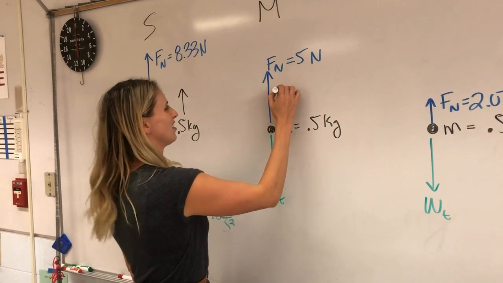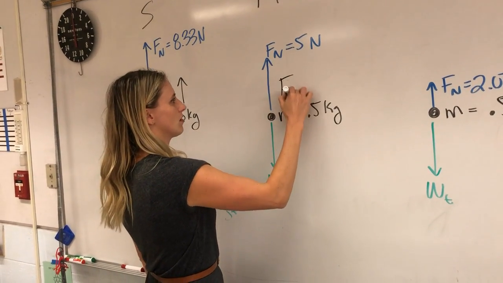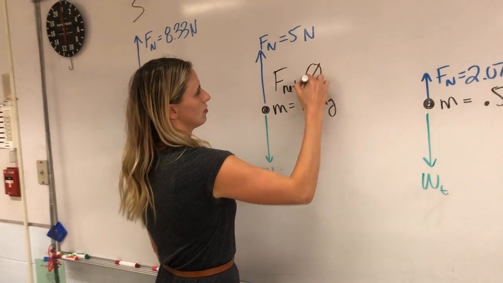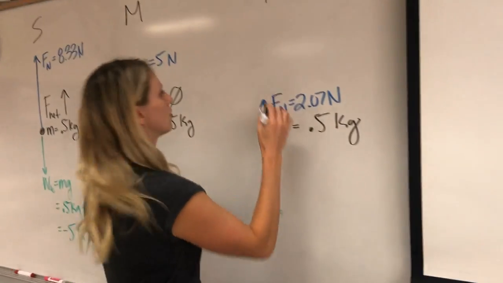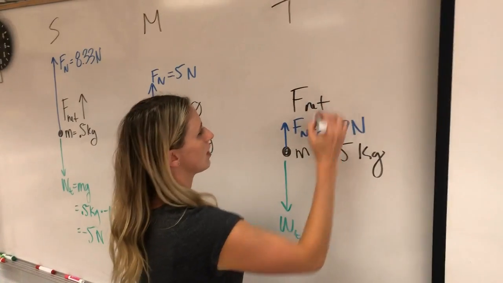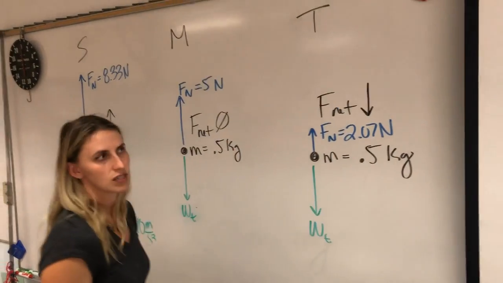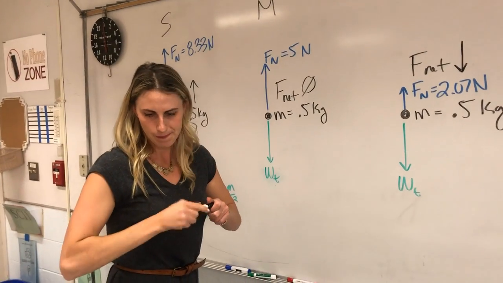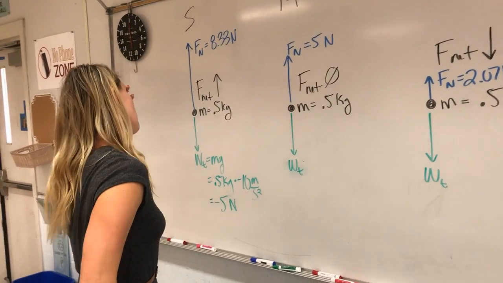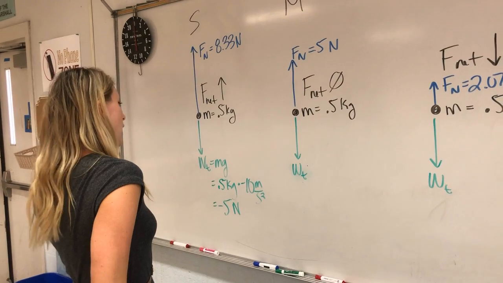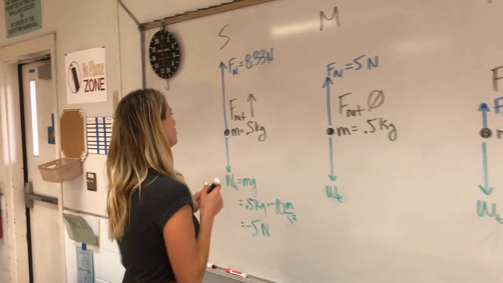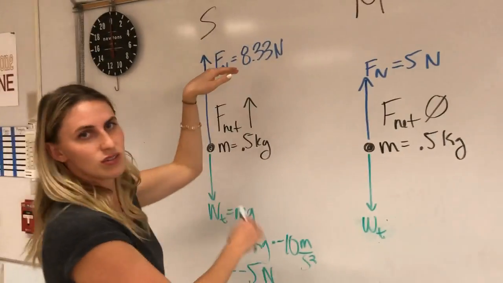What about the net force here? Don't they cancel each other out? Yes, so 0. Here, there's more down, so the net force is going to be down. How can we know how much the net force is, though? We could just add these two together.